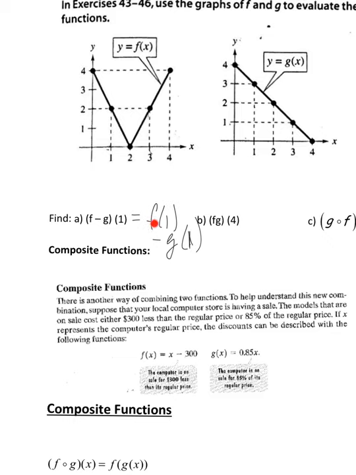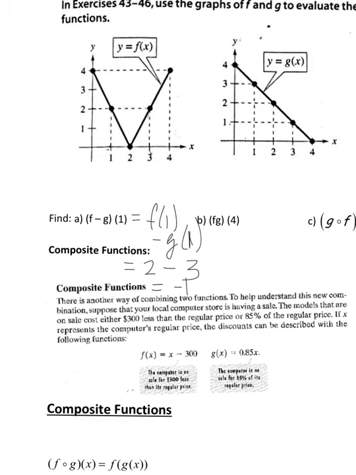F of 1 means what's the output of the function f at the input of 1. So if I go to the input of 1, my output is 2. So I am going to replace f of 1 with 2, and then I'm going to subtract the same. G of 1 is 3, and I'm inserting 3 for g of 1. So now f minus g of 1 would be 2 minus 3, which is negative 1.